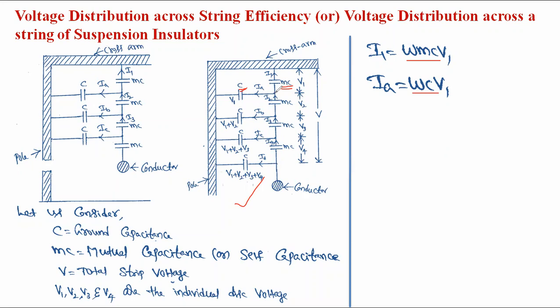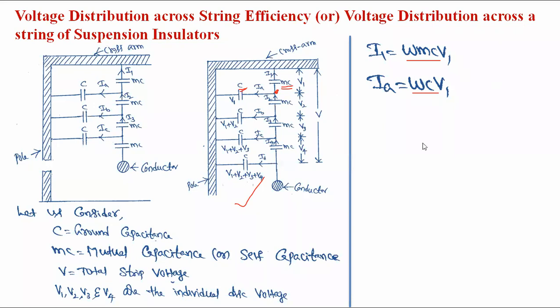Now here we apply Kirchhoff's current law, that is, the sum of currents towards the junction point is equal to the sum of currents leaving the junction point. What are the currents towards the junction point? I2 is towards the junction point, and IA and I1 are away from the junction point.